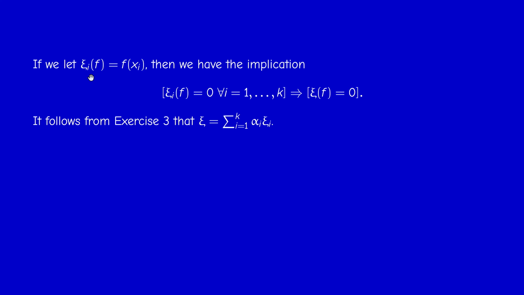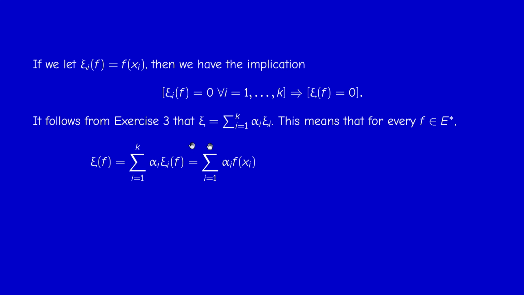So if you call it xi i of f, then the claim that we proved is equivalent to this implication: if all xi i vanish at f, then Xi vanishes at f. And according to exercise 3, Xi is a linear combination of the xi i. So we find k elements alpha i, such that Xi is this linear combination of the xi i. So this means that Xi of f is the sum of alpha i xi i of f.